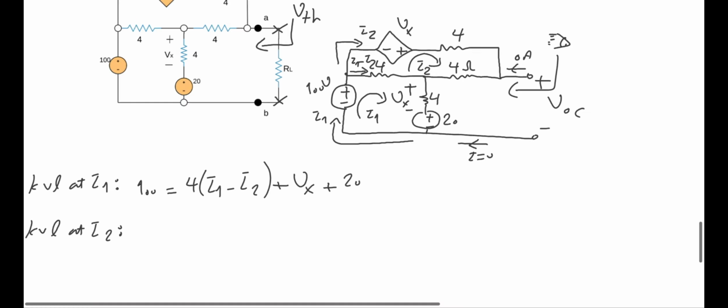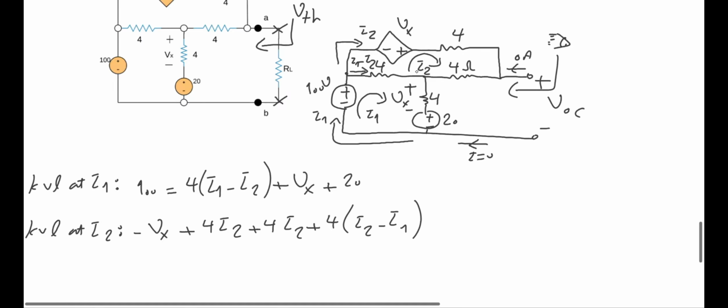I start from this point and travel all the way and get back to the same point. I see minus Vx plus 4 times I2, and this I2 passes over here, so there's no current adds up. So again I have another 4 times I2, and then I reach to this resistor, which the current direction is the opposite of this I1 minus I2. So I can write plus 4 times I2 minus I1.